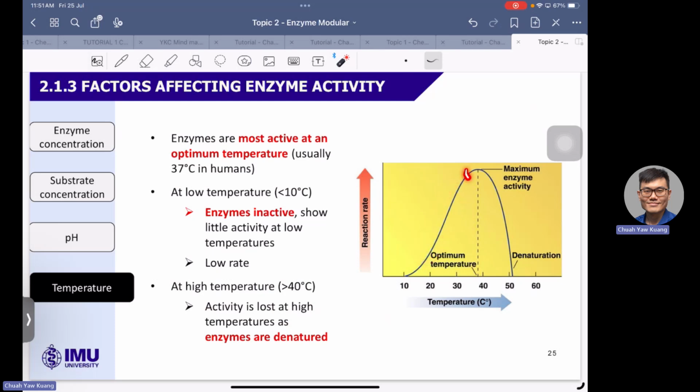Then next, second part. At the optimum temperature, the rate of reaction will be at the maximum level, because this temperature is the most effective for effective collisions to occur.